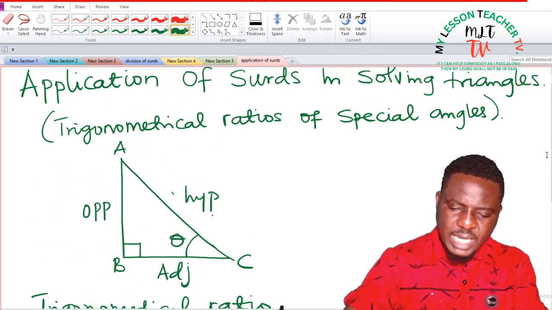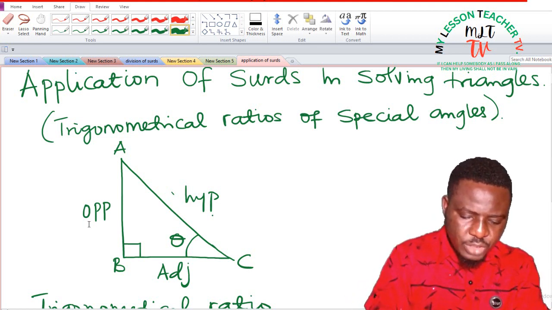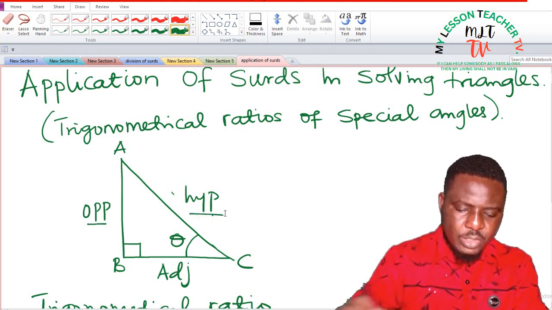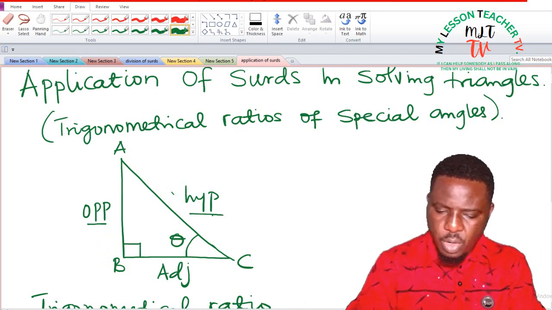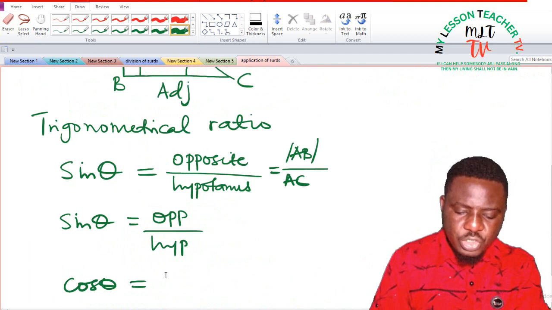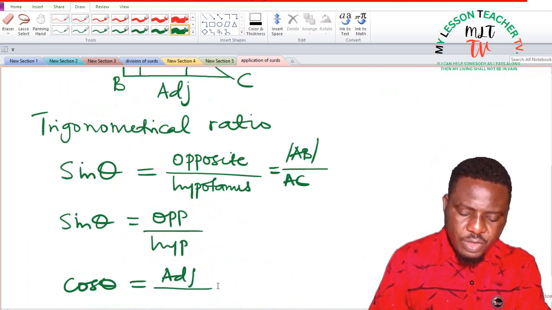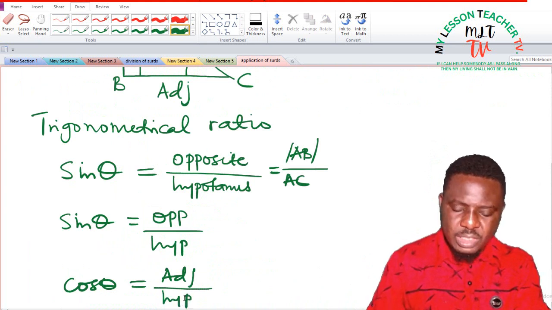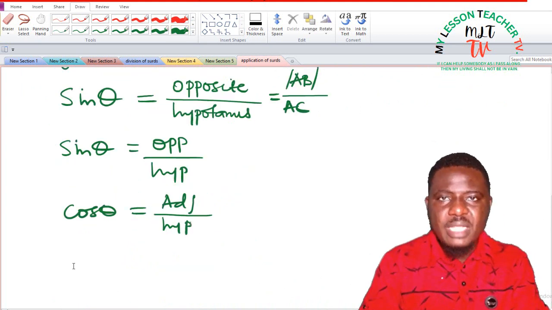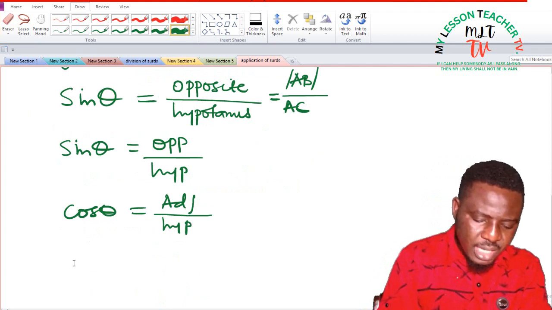Also, if you consider the relationship between any other two sides, I've done the relationship between this side and the opposite side and the hypotenuse side. Also, cosine theta is said to be the relationship between the adjacent side of the right angle triangle to the hypotenuse side, while the relationship between the opposite side to the adjacent side is said to be tan theta.